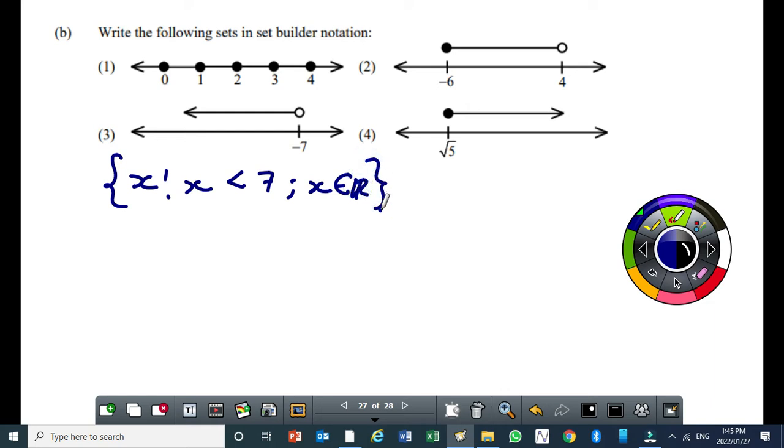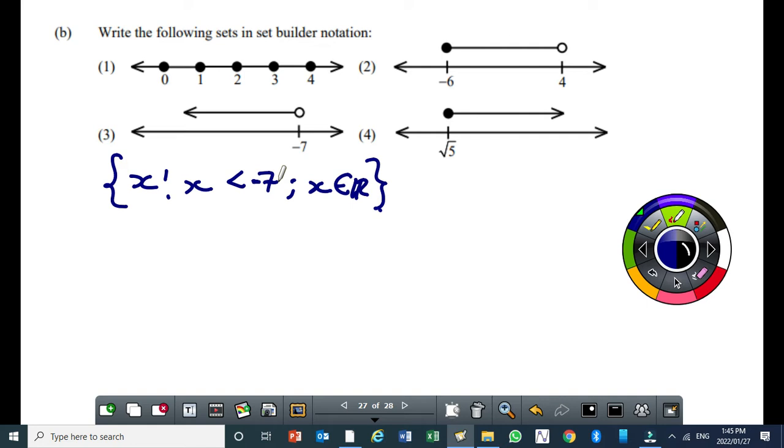Okay, let's put the negative. So x is less than negative 7. Alright, so this is straightforward.